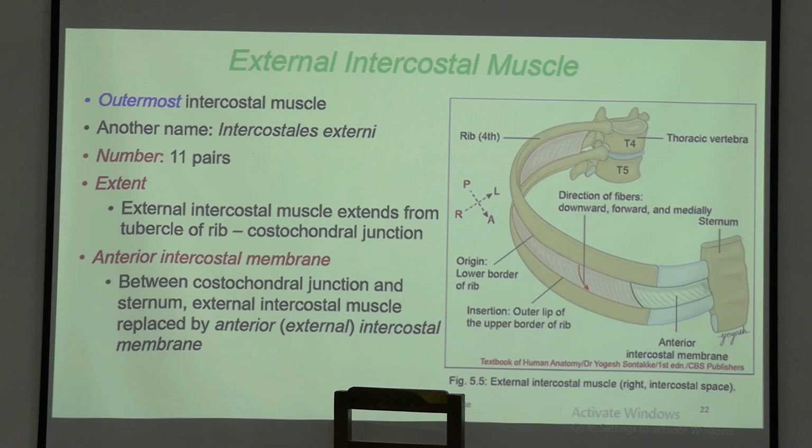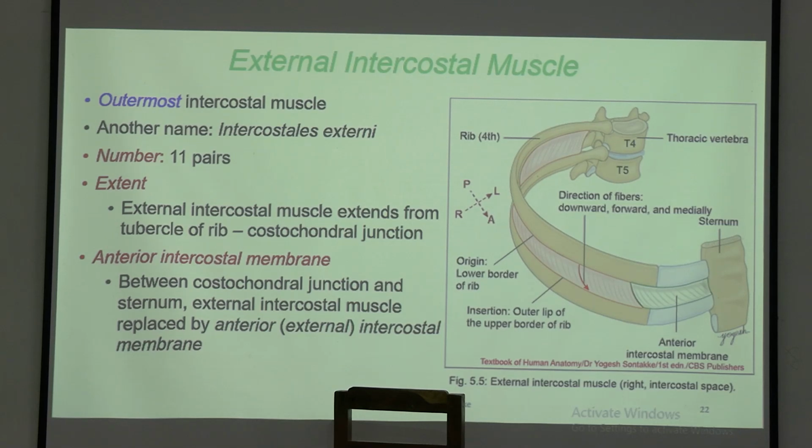Near the costochondral junction we can see muscle fibers up to this level, and beyond this, from the costochondral junction to the lateral side of the sternum, this muscle becomes membrane-like.